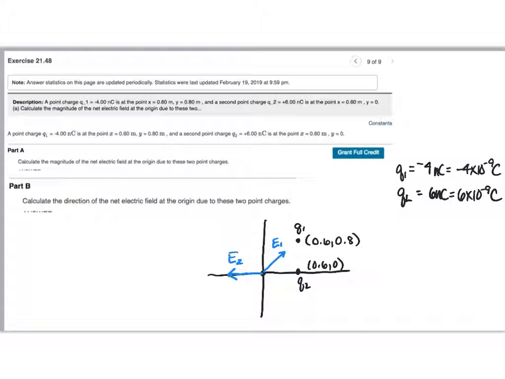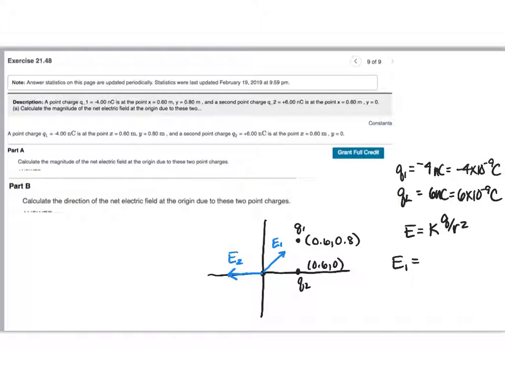Now I have to add them like vectors. When I'm doing that, I'm going to take into account my picture and use that to know if it has positive x or y coordinates. I use the expression for the strength of the electric field, that E equals kq over r squared. I want to find the strength of E1 and E2.